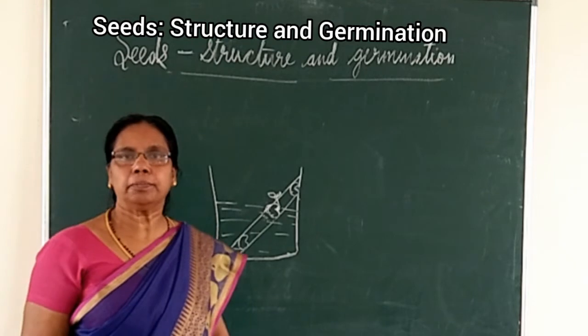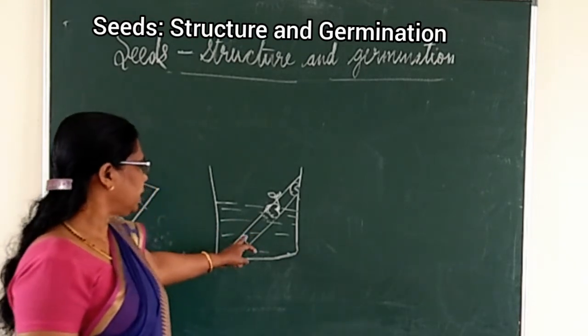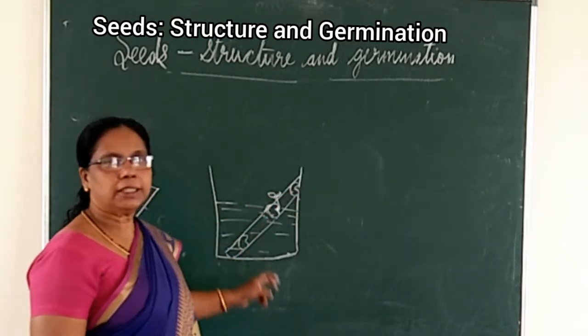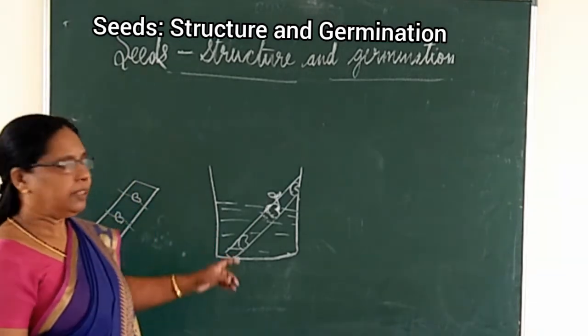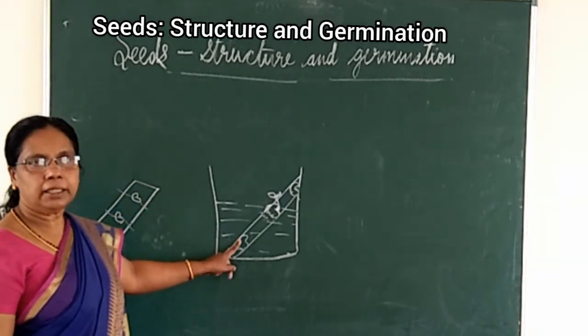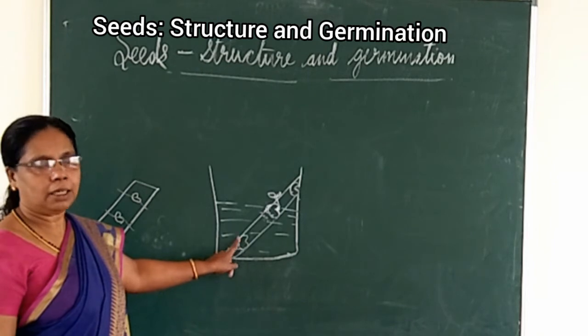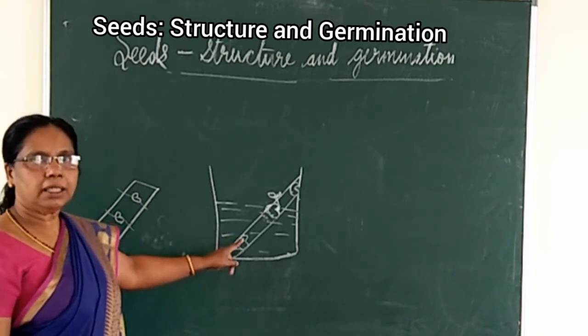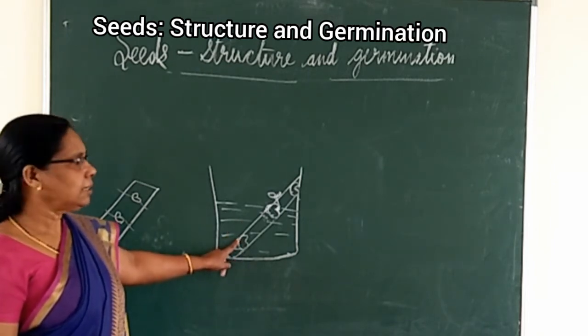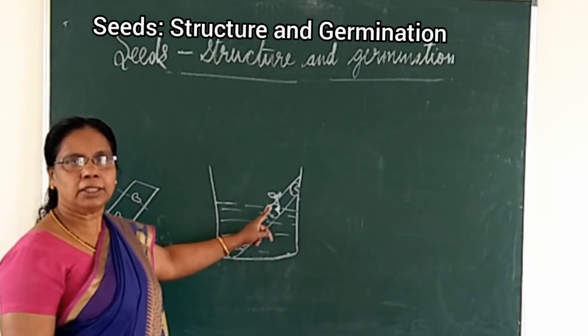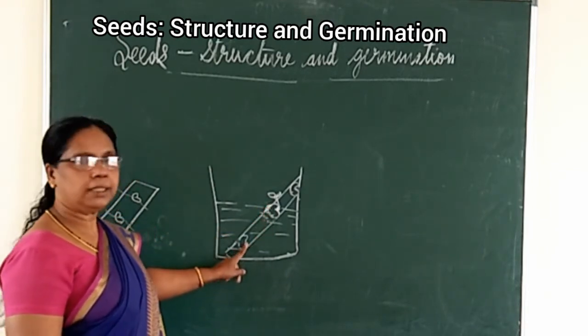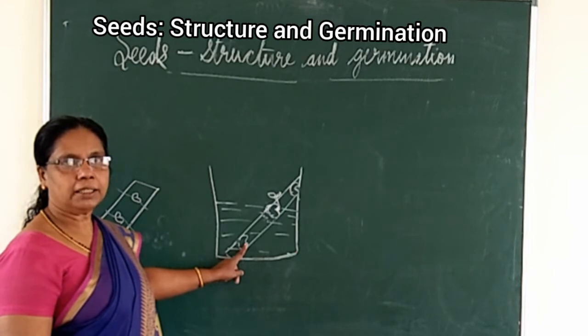Why does it happen so? Why does germination not take place in these other two seeds? We can see that the first seed is completely under the water. It is getting water, whereas it is not getting oxygen, so this seed will not germinate.